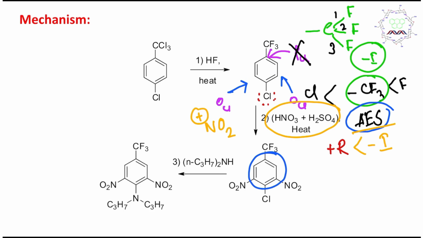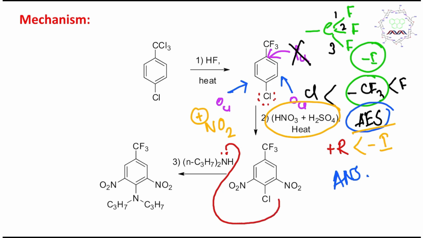So this electron deficiency inspires this molecule for aromatic nucleophilic substitution, and in this case the lone pair on the nitrogen of di-N-propyl amine acts as the nucleophile. It is a very electron deficient molecule, so it's prone to nucleophilic attack, or aromatic nucleophilic substitution.